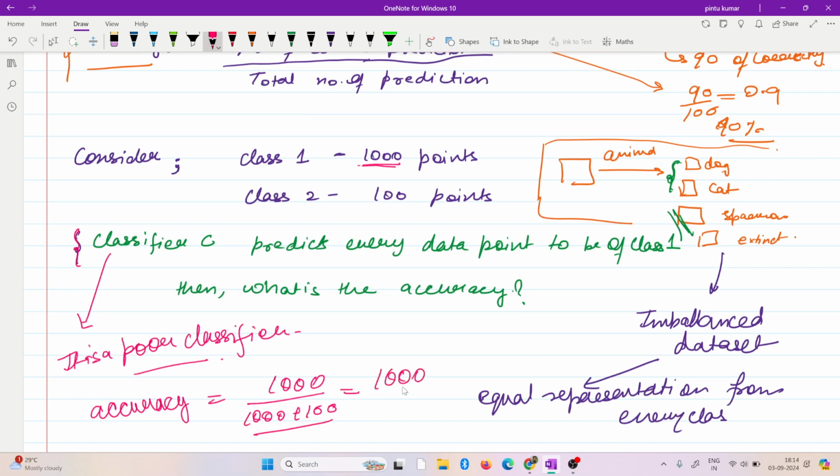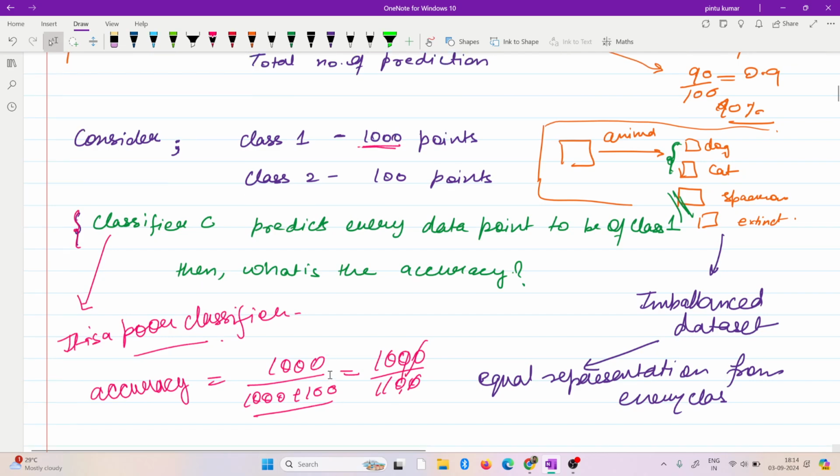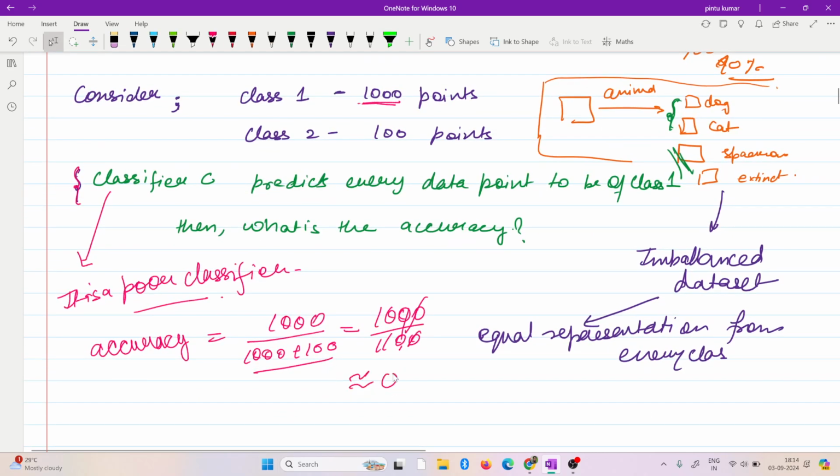This is 1,000 divided by 1,100, which is something like 10 by 11, and this fraction is approximately equal to 0.9. So you're achieving 90% accuracy by just doing almost nothing, right? You are just predicting everything to be of class 1. It's a very poor classifier, but you are getting 90% accuracy.